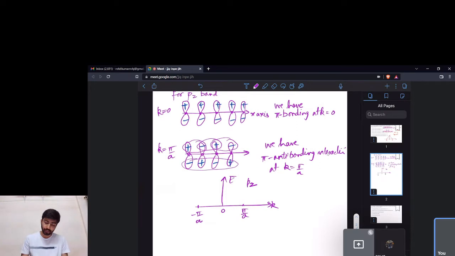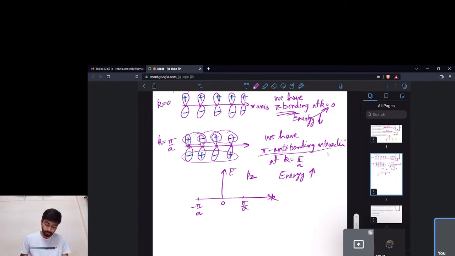The pz band has a bonding interaction at k is equal to 0, or I would say that energy would be minimum, and pi type anti-bonding interaction at pi by a, so energy would be large. So it goes through a reverse order. At k is equal to 0, it has a minima, and at k equal to pi by a, the dispersion diagram is reversed as compared to px.